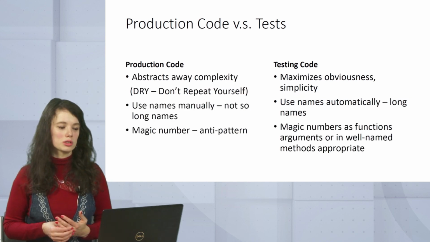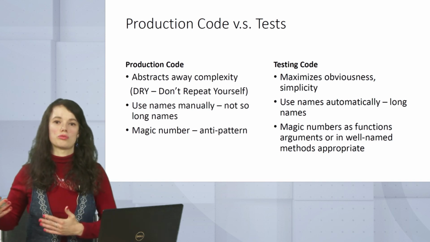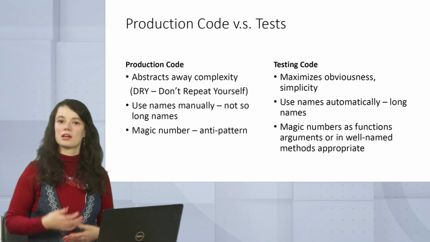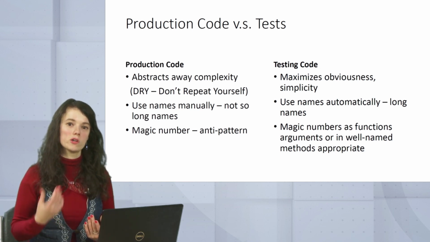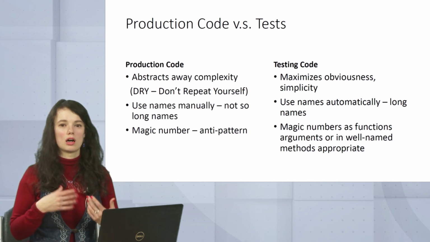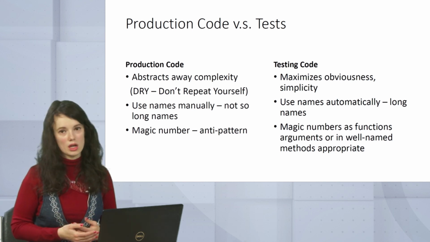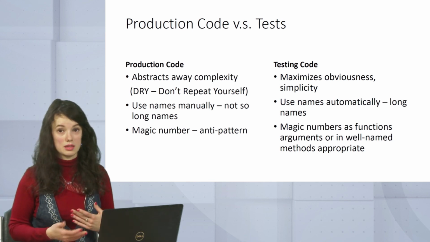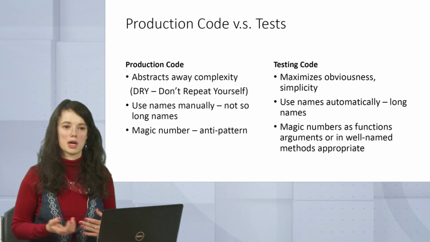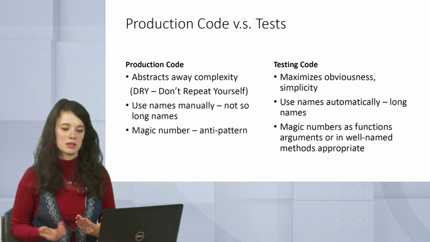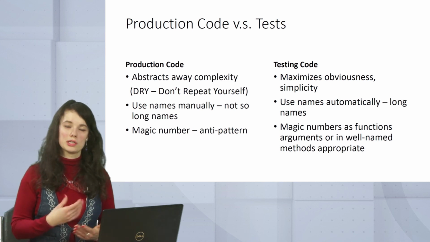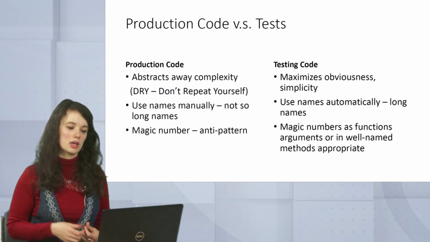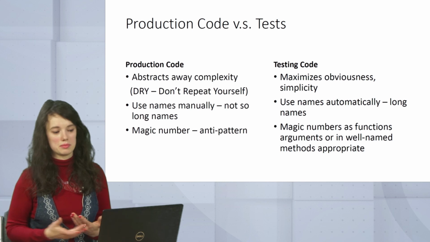In production code, there are a lot of abstractions which erase the complexity of the whole code, but testing should maximize obviousness for their exceptions. In production code, you type the names of variables manually or semi-manually, but in testing it's all written automatically, so you may use very, very long variable names if needed for simplicity.